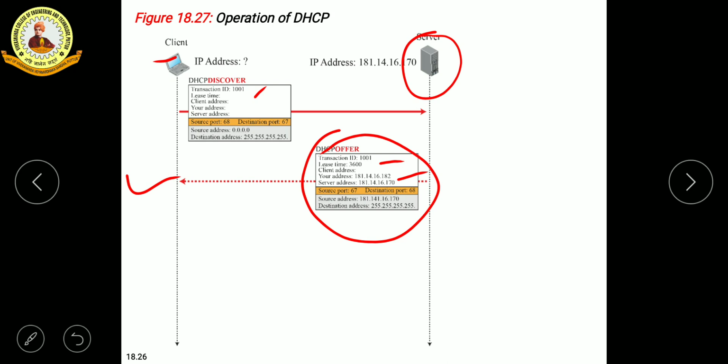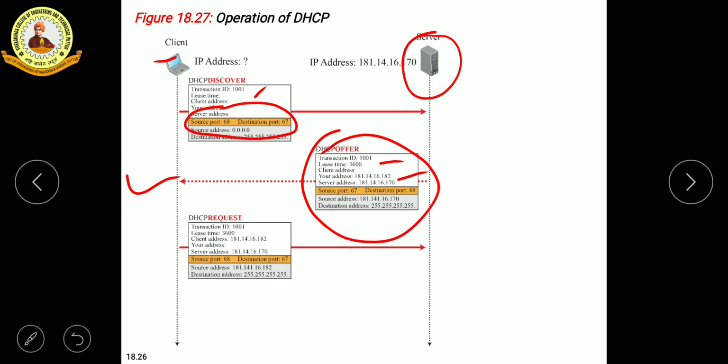The source port is 67 and the destination port is 68, just the vice versa of before. The source address, where it is coming from, is the server, so it puts its own address, 181.14.16.170. And the destination address is sent as the broadcast address. This is the second step.